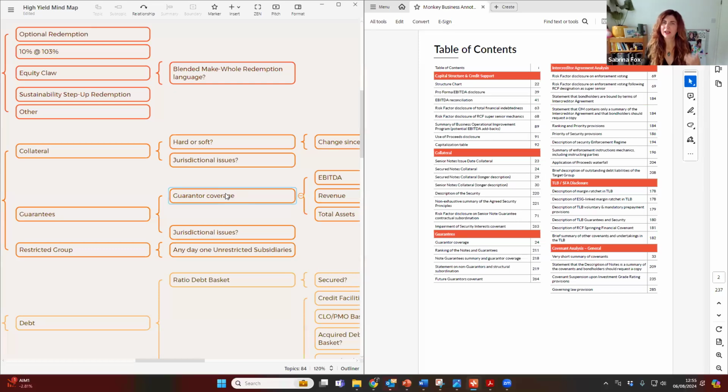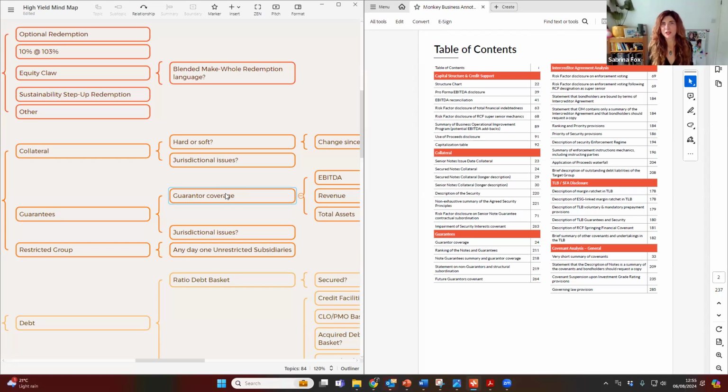Now, you are very often at the mercy of what you receive in the offering memoranda in terms of what that level is going to be, because the borrower will already have had lots of structuring conversations with its advisors about which entities can be guarantors.